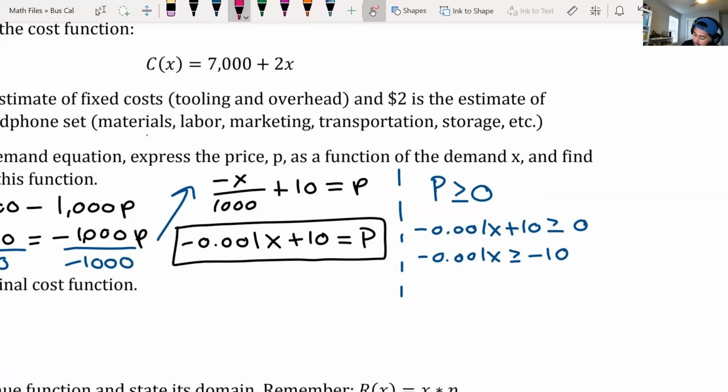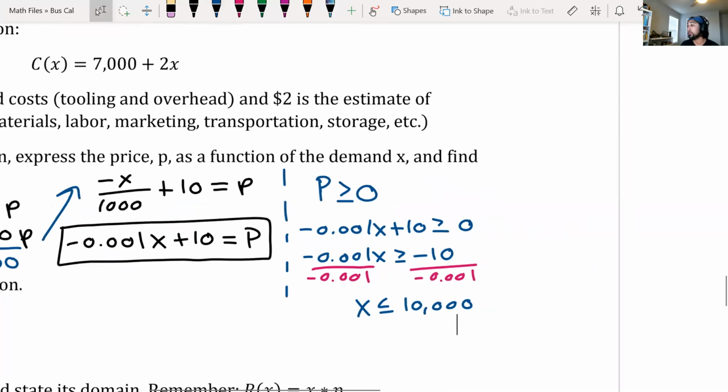And then you'll divide by negative 0.001, and we'll get x. And what happens to the inequality when you divide or multiply by a negative? It flips. So you get x is less than or equal to 10,000.